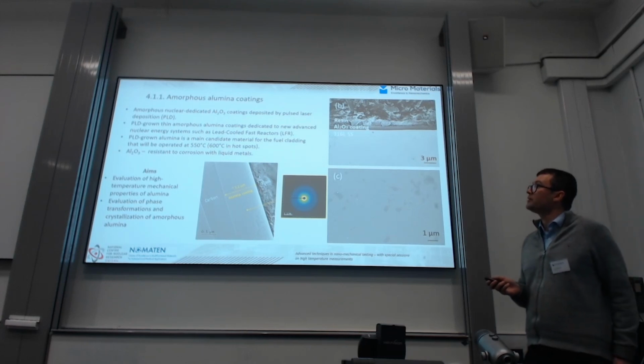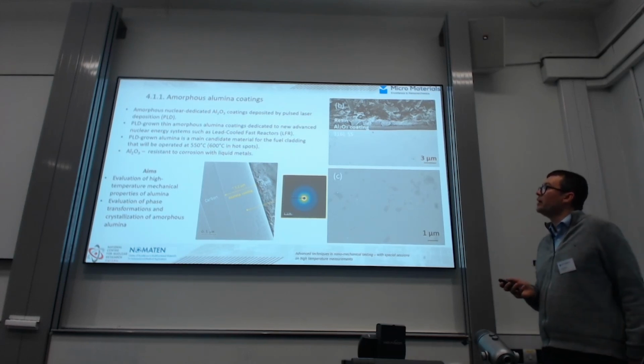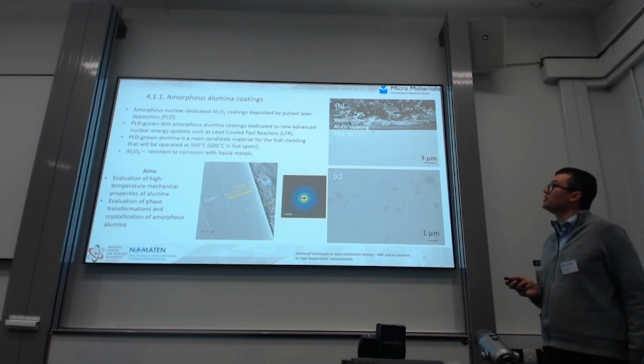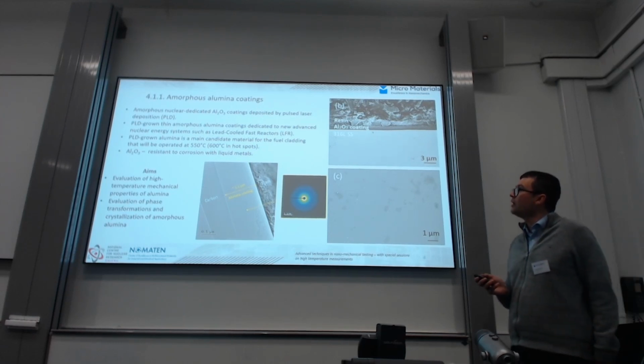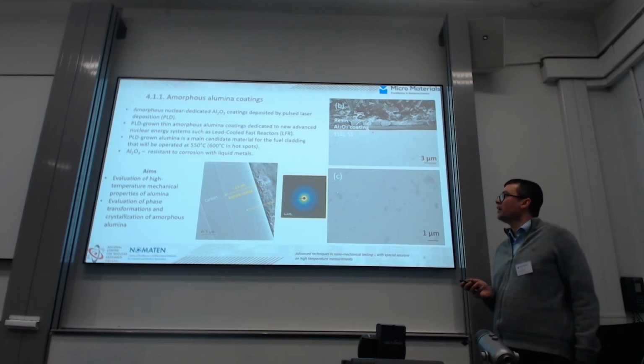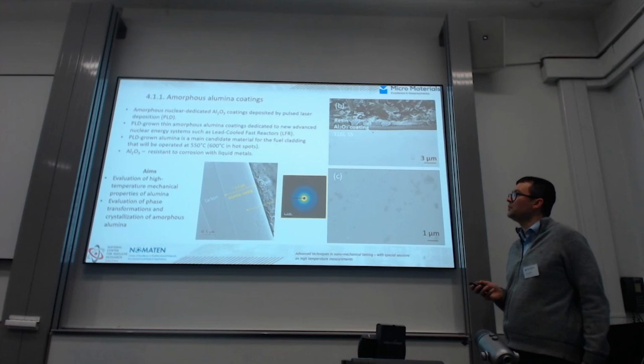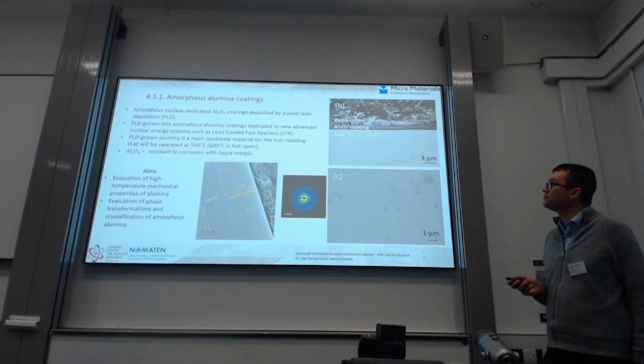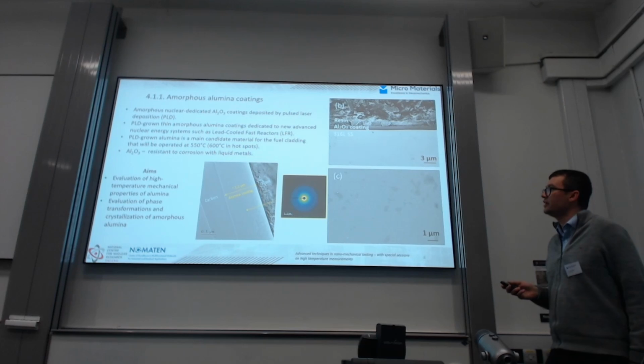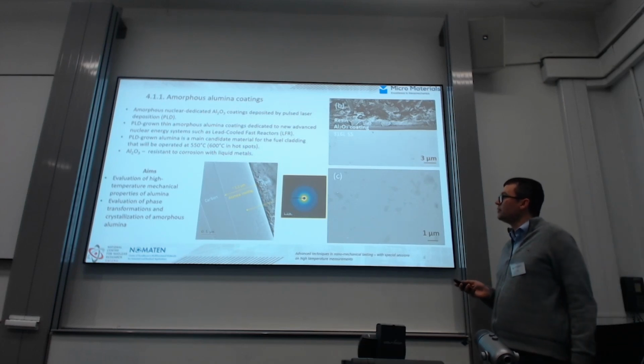With our partner institution, we deposited by the pulsed laser deposition technique thin films of alumina, with thickness, I think, between 5 micrometers and 1 micrometer, and we performed some characterization by SEM and TEM later.